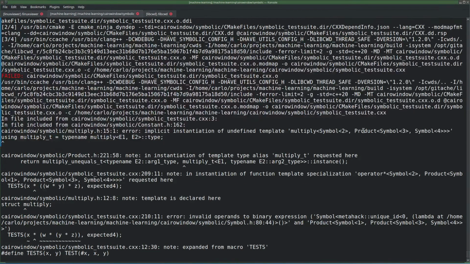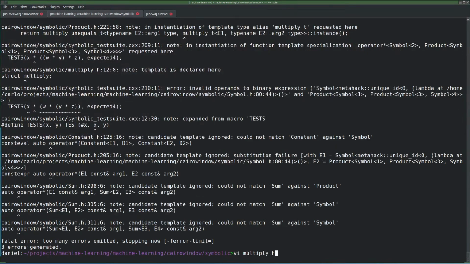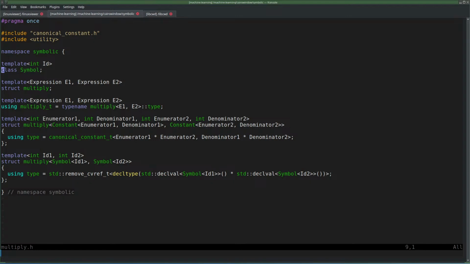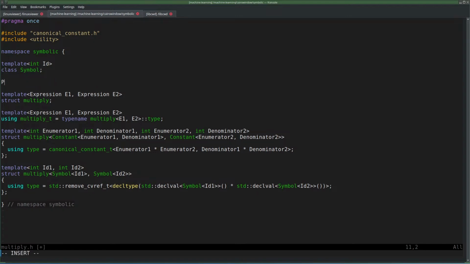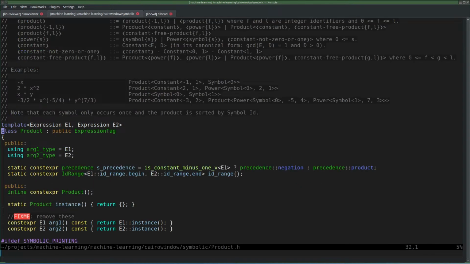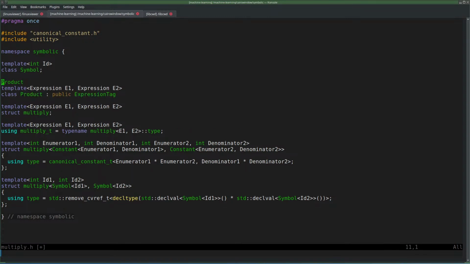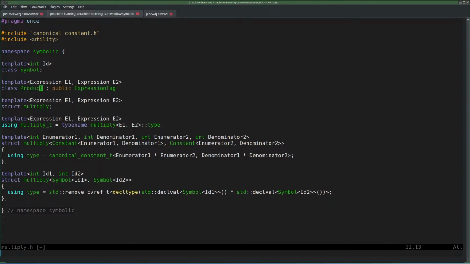So then the next thing is that any arbitrary product must work. Which means, of course, that we want to forward declare products, because I definitely don't want to include it. And then I want to make this work for actually anything, as long as it's not a constant.